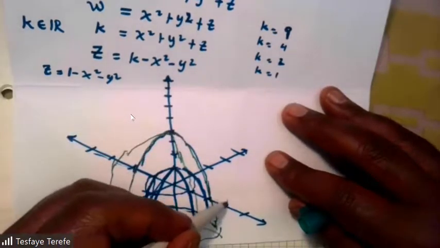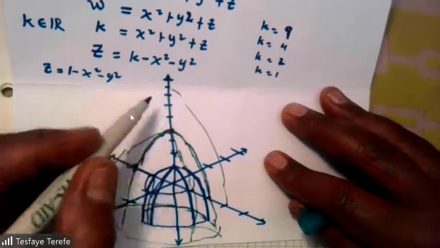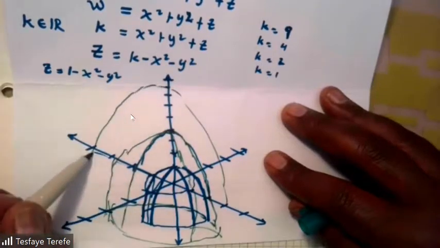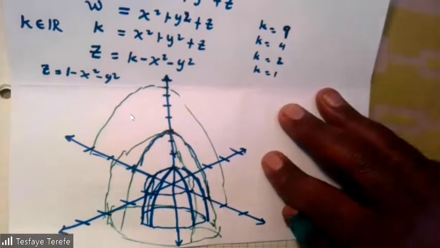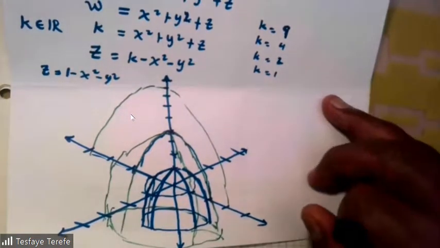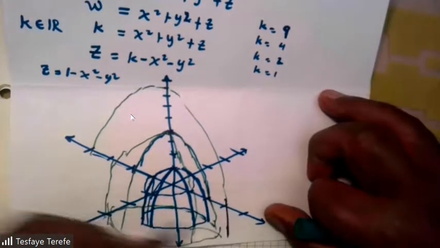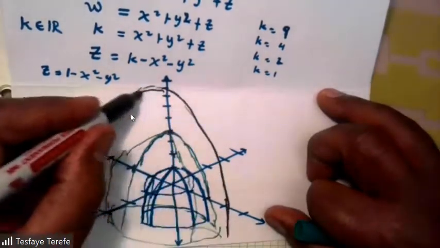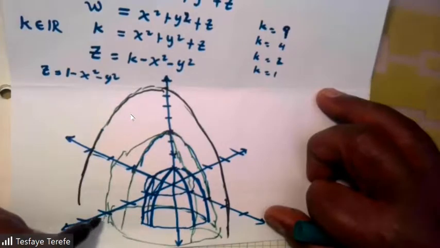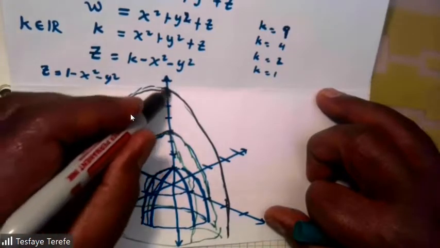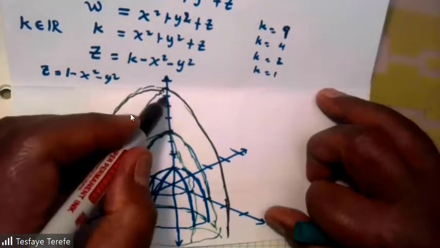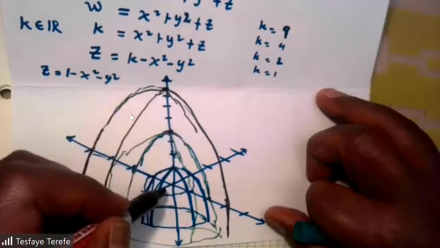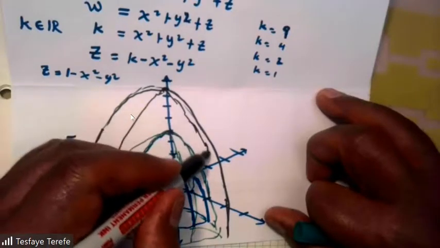It will cross the 3, here also 3, and here also 1, 2, 3.